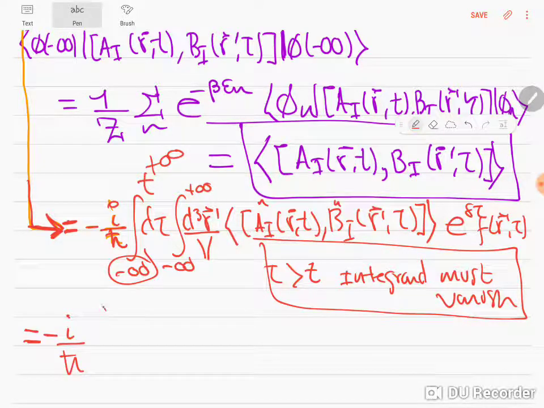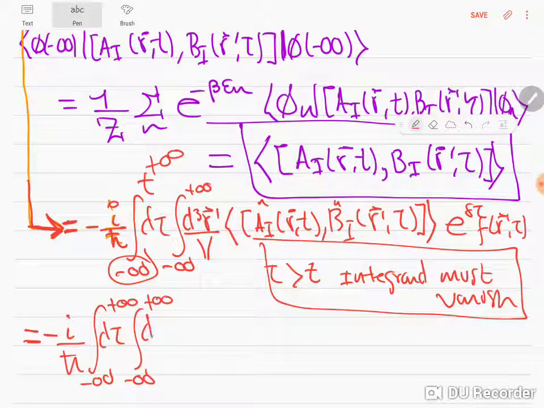And that is done in the following way. This is the integral over τ from minus infinity to plus infinity, the d³r′, and here I write theta of t minus τ. That means that when τ is greater than t, all of the thing will vanish.